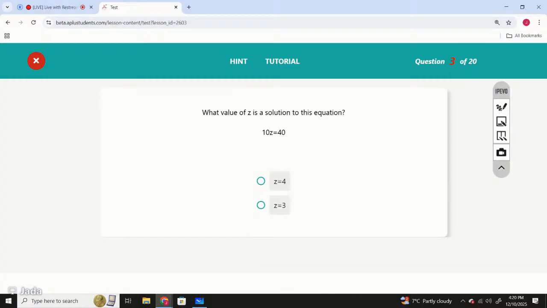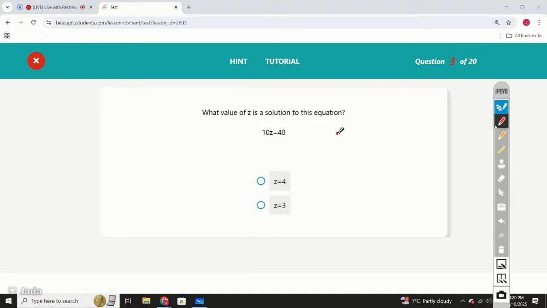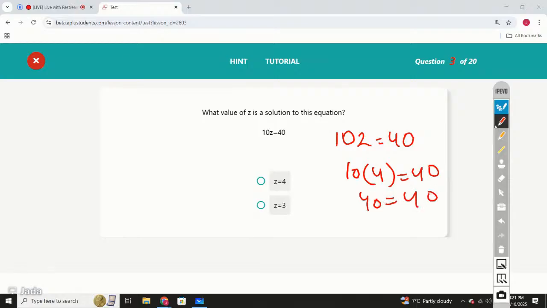What value of z is the solution of the equation? 10z equals 40, right? We need to replace the variable z with a value. So start with the first one, replace the variable z with 4. 10 times 4 is 40, so 40 is equal to 40.